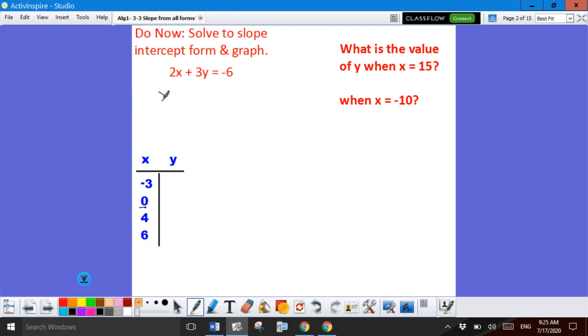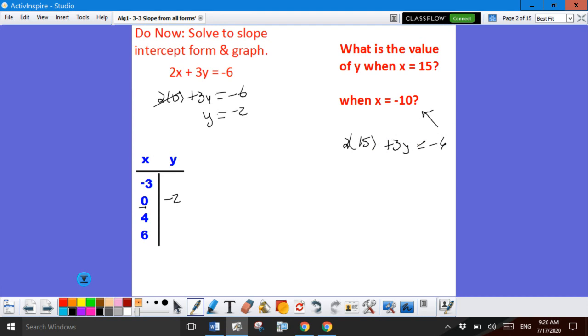That would go in for my x, so 2 times 0, 3y equals -6, so this would go away, so y would equal -2. I can certainly do that, which means I can substitute for these and see what the answer is. So I could do 2 times 15 plus 3y equals -6 and solve.